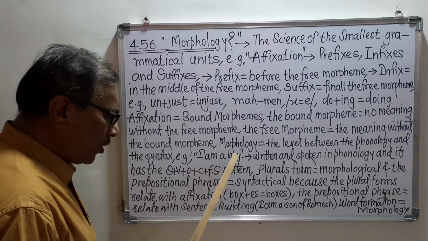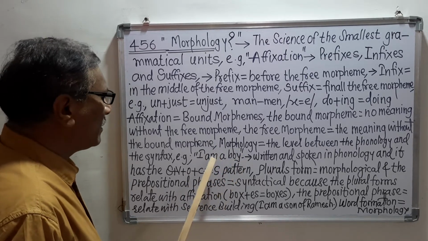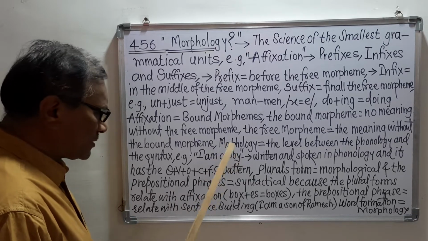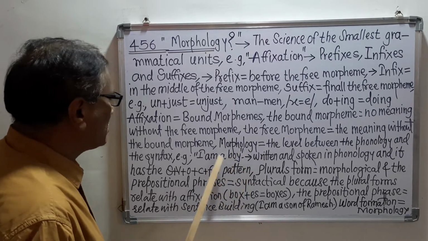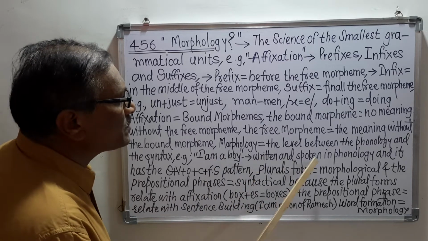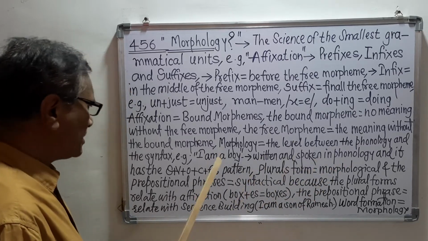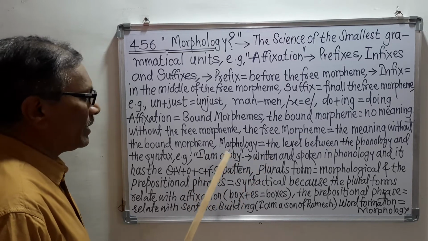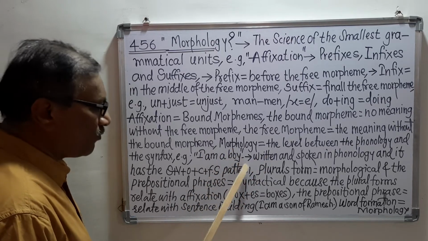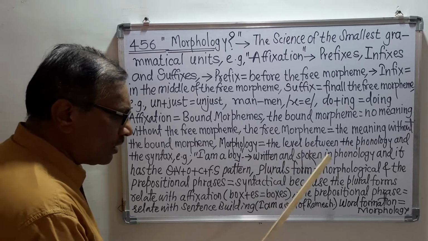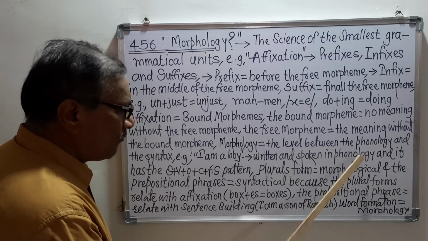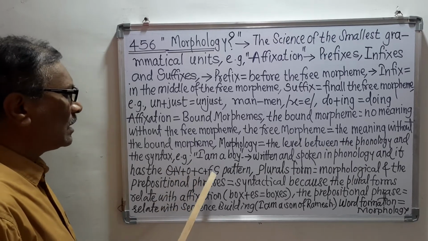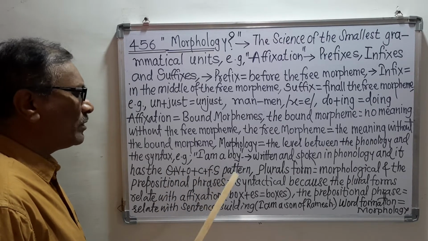I am a boy is a grammatical sentence, and we can explain that it is written and spoken in phonology. Means my point is that this sentence can be written and spoken in the phonology, and it has the s+v+o plus full stop pattern.